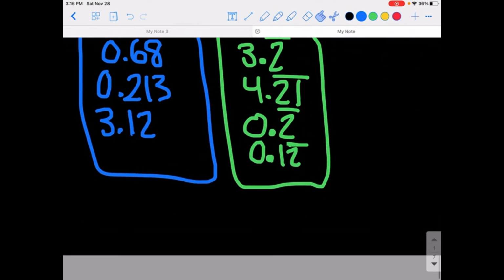Now more examples. Let's do more examples of rational numbers.